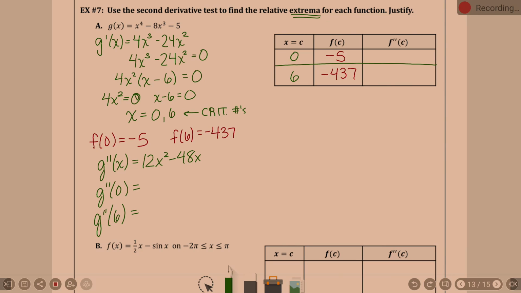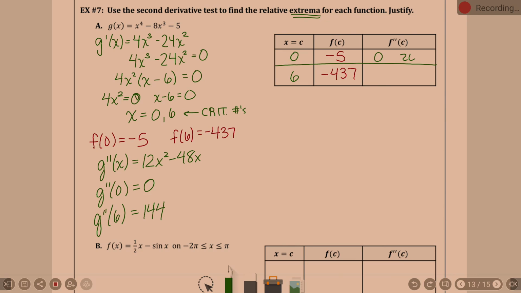Calculator. I got this one, don't you worry. I'll take 0 again. 0. 144. So, the second derivative when x equals 0 is 0, correct?